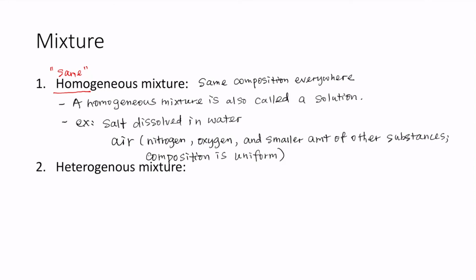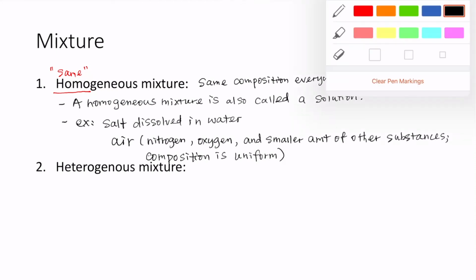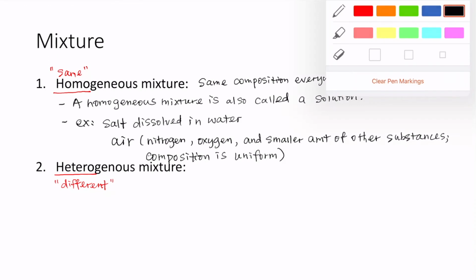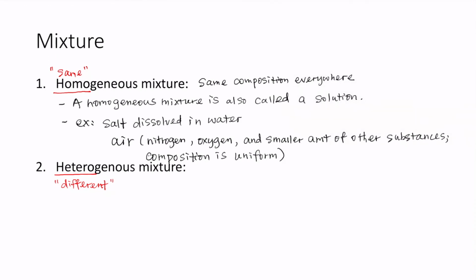Now let's look at the second type of mixture. It is heterogeneous mixture. The prefix hetero means different. So this tells us that a heterogeneous mixture does not have the same composition everywhere.